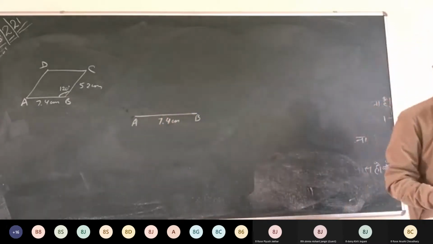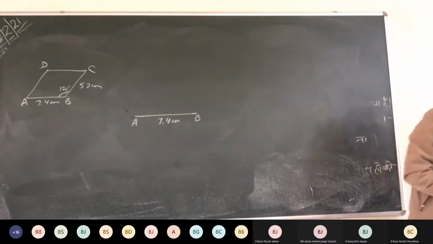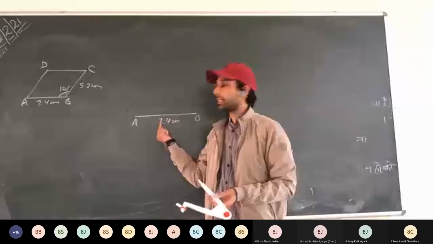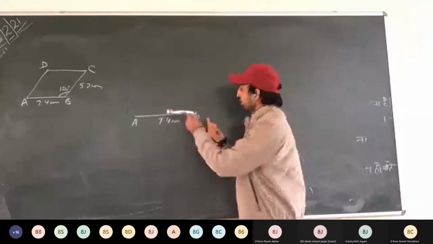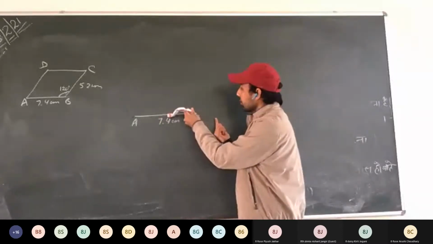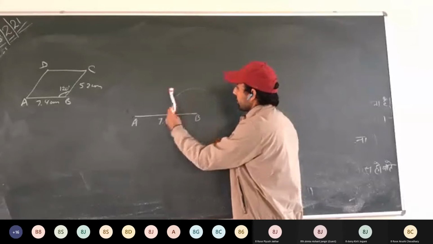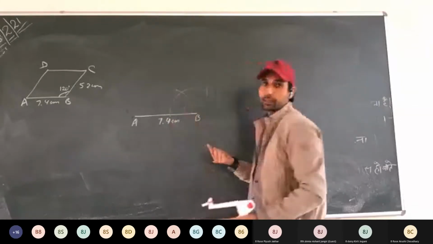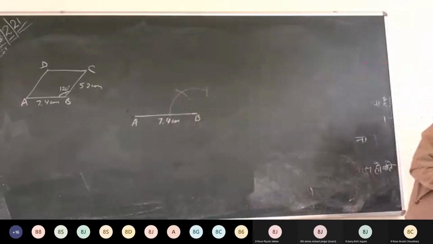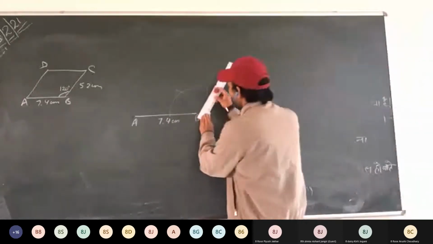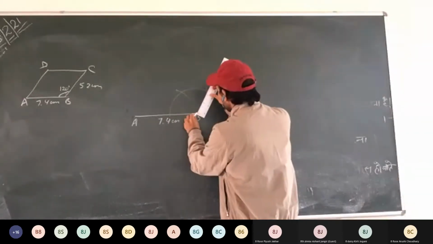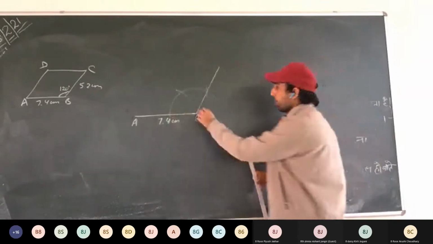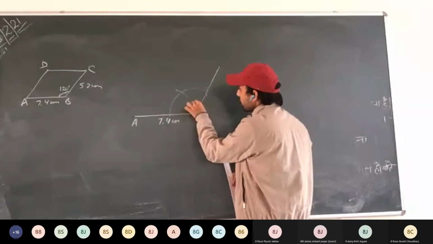At B, make an angle of 120 degree. 60, again 60. Now this angle is 120 degree.